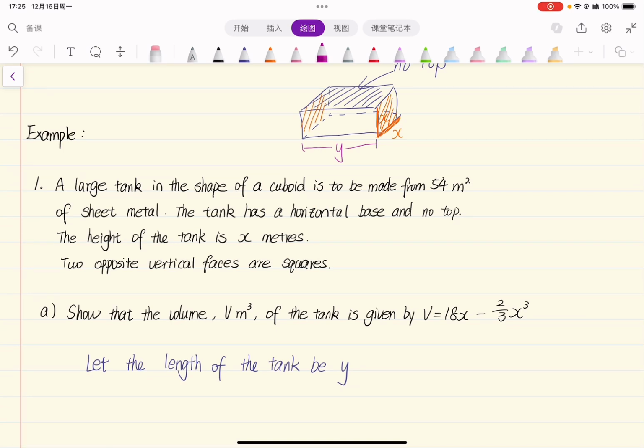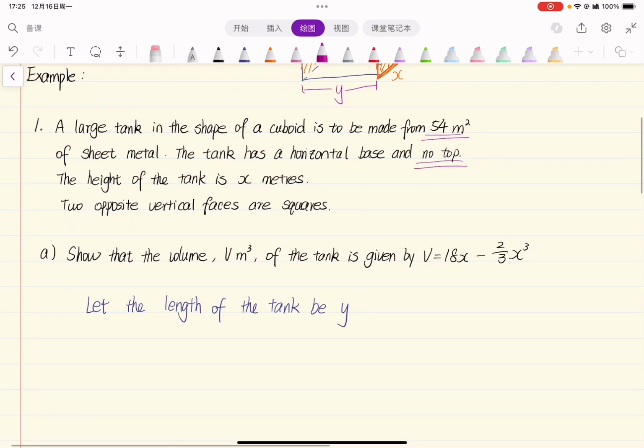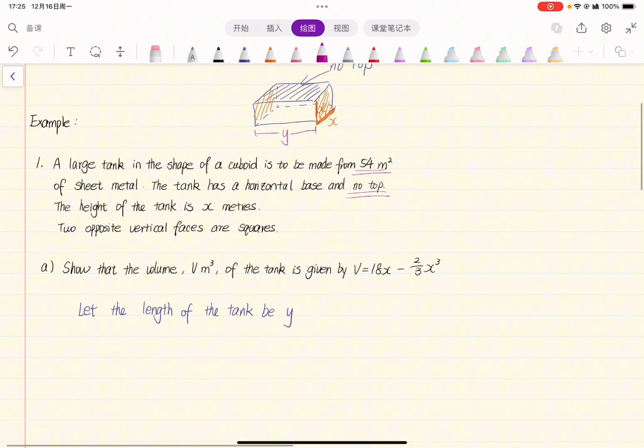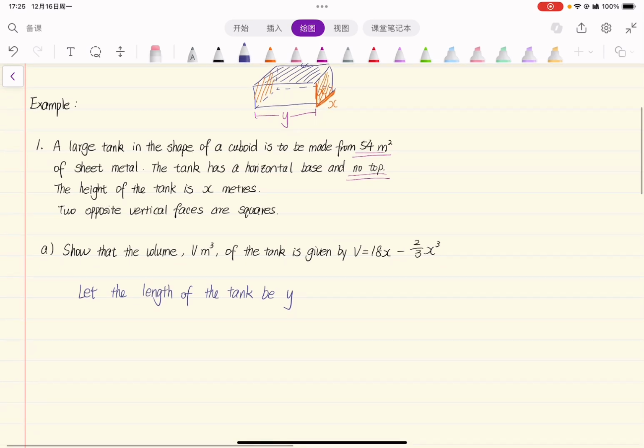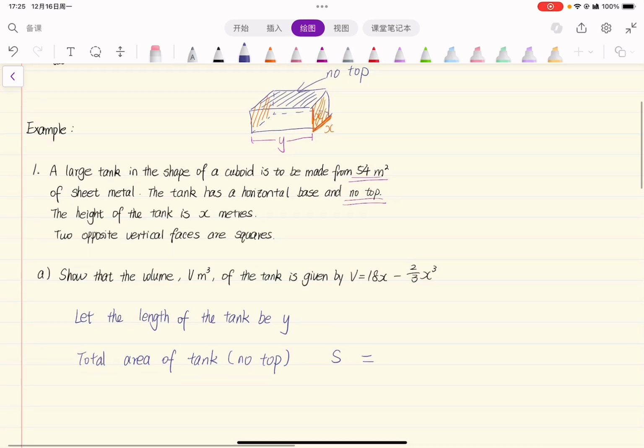Now we know that the total surface of the tank is 54 meters squared. And you remember that there is no top. So we need to calculate the total area of this tank, without top, let's say S. So S equals, firstly let us calculate the two vertical faces.